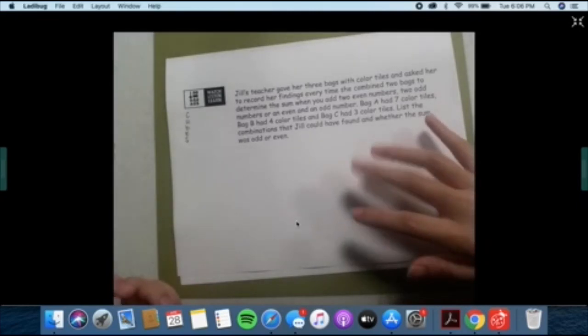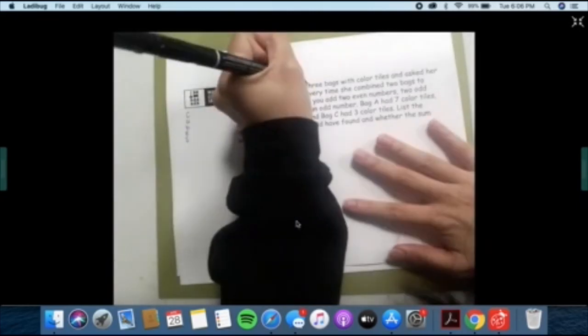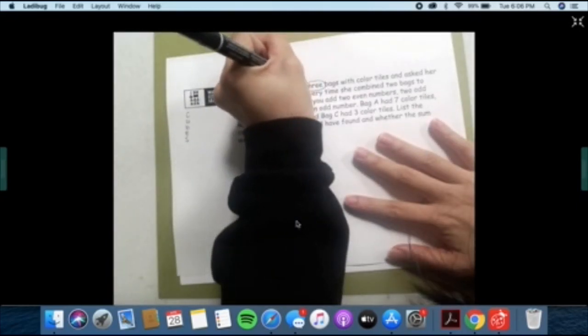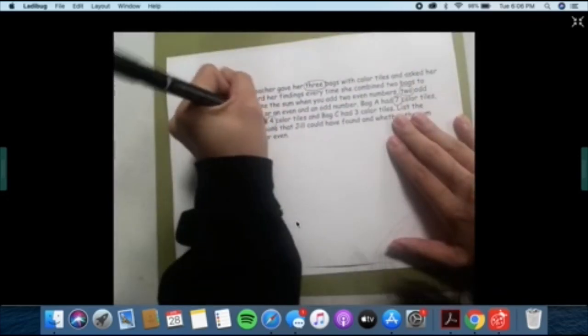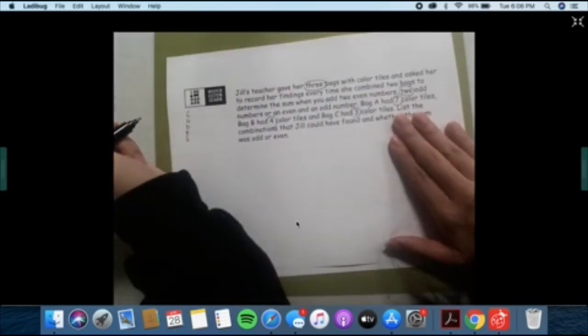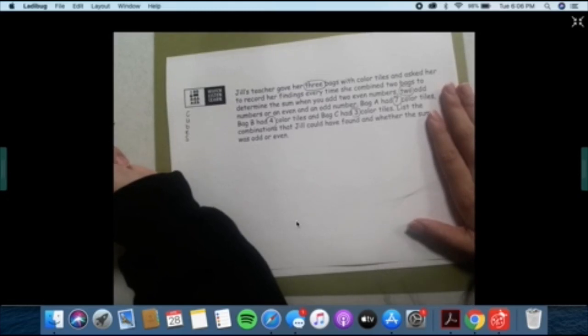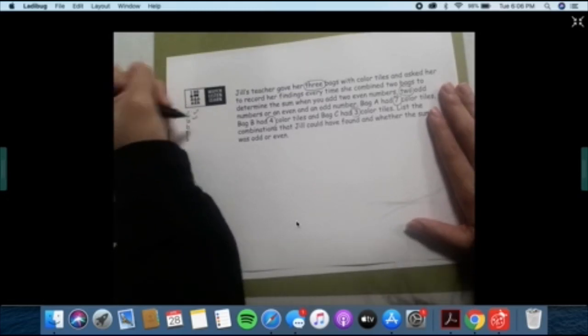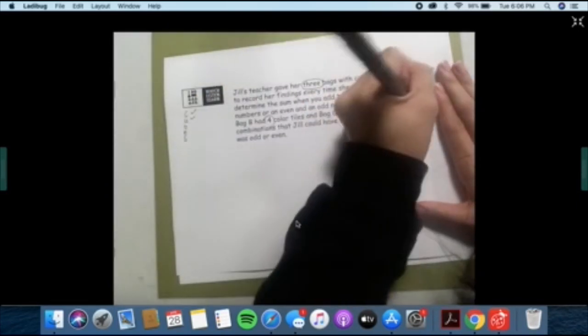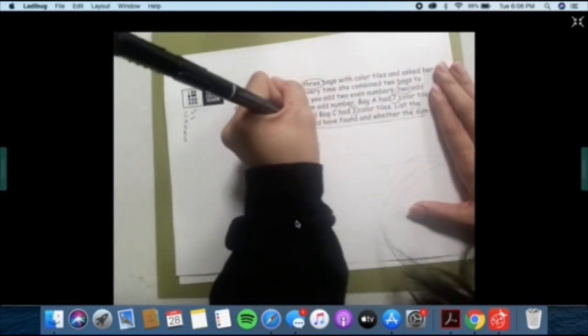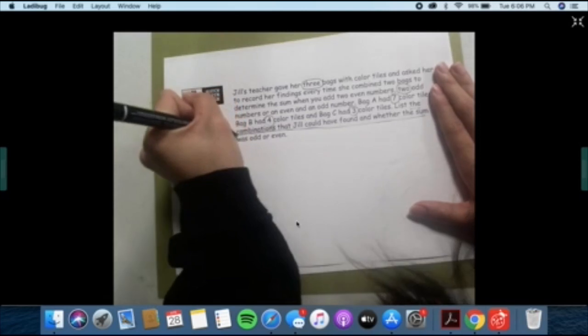What I'm going to do is circle my numbers. So I see 3, I see 2, I see 7, 4, and 3. And the next thing I'm going to do is underline my question, and my question is telling me to list the combinations that Jill could have found and whether the sum was even or odd.